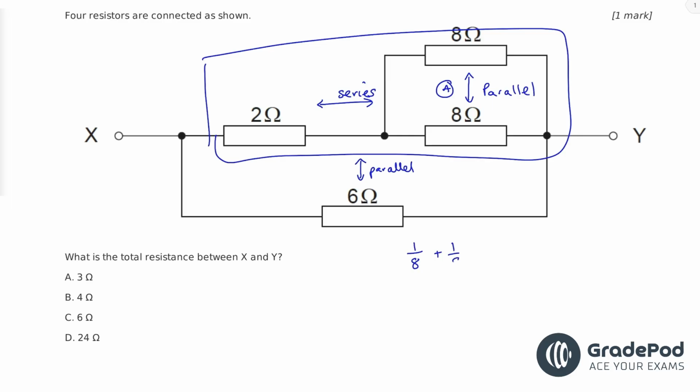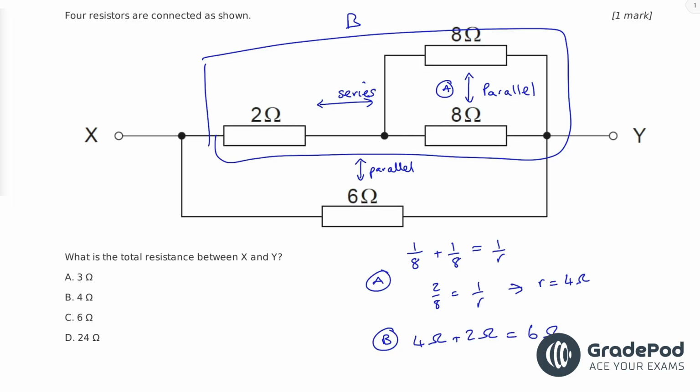So let's start with A, working out what the parallel configuration is. 1 over 8 plus 1 over 8 equals 1 over R. So 2 over 8 is equal to 1 over R. Cross multiply, so R is equal to 4 ohms. So that's for A. Then we'll look at section B, which is the series configuration. At B we've got 4 ohms plus 2 ohms equals 6 ohms because they are in series.